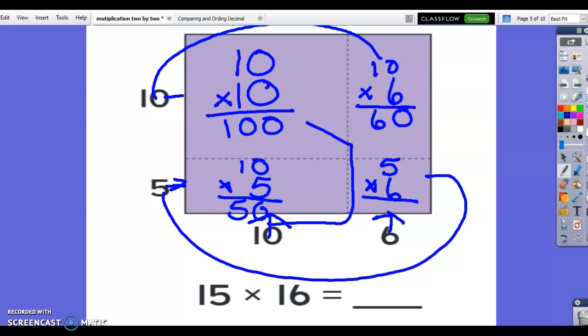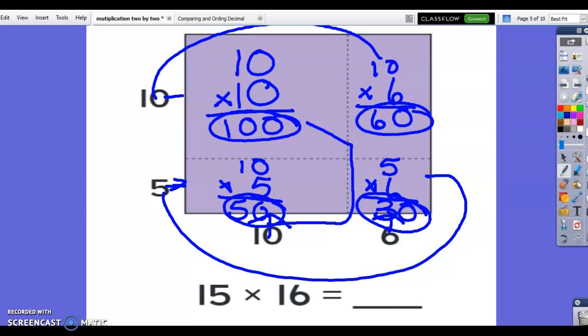And 5 times 6 is 30. So when we did our partial products, the next part is you have to add up all the partial product values. And again, the area model takes longer than your standard algorithm, but we're going to practice starting that today.